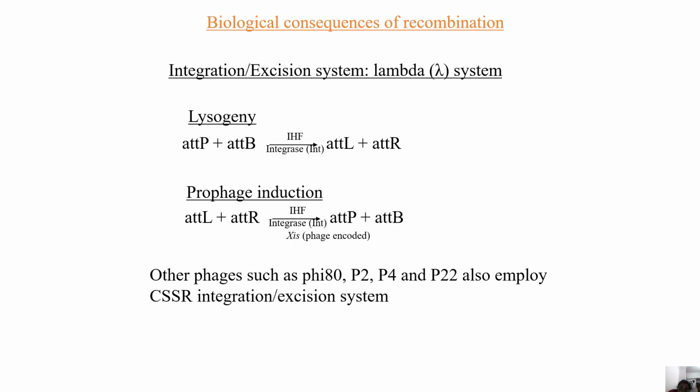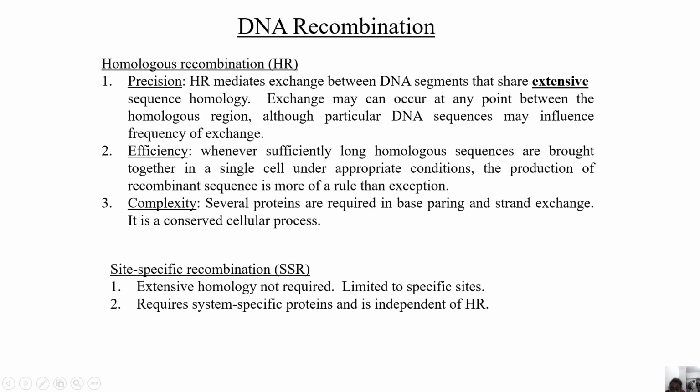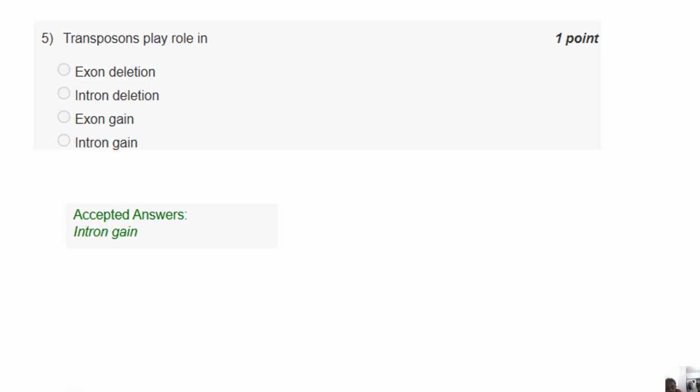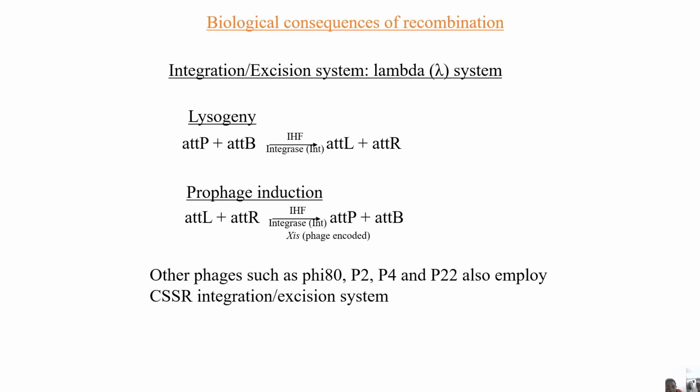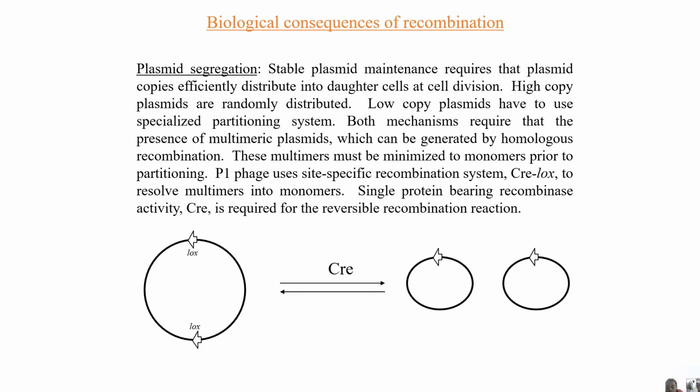So what are the biological consequences of recombination? Stable plasmid maintenance requires that plasmid copies efficiently distribute into daughter cells at cell division.